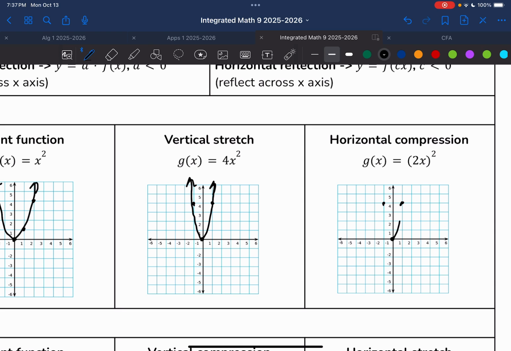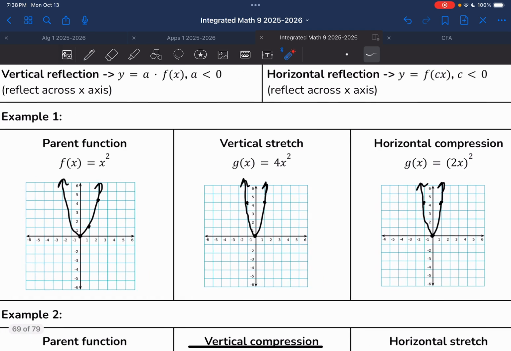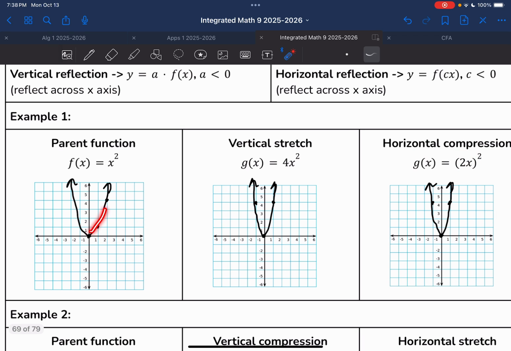So the reason why horizontal compressions can be a little tricky is because they can achieve a similar result as a vertical stretch, depending on what the function is, and depending on how it looks. So here, what this is actually doing is it's taking this function and squeezing it inwards. So that looks like this, which is the same as stretching it upwards.